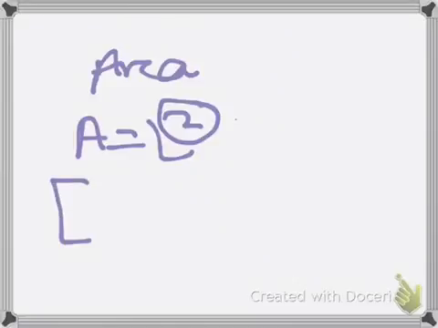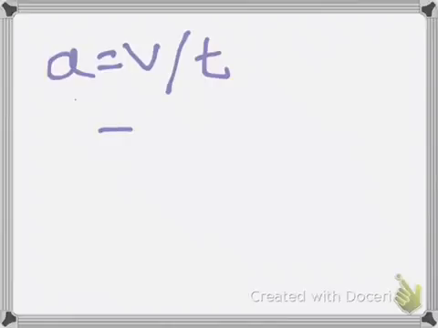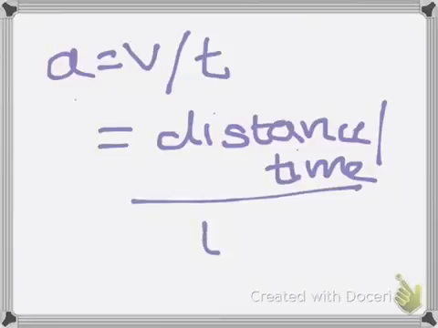So its dimensions are L squared, M0, T0, and the unit is meter squared. Or let's say acceleration, for that matter, we have acceleration is equal to velocity upon time. So velocity is distance upon time, the whole thing divided by time.